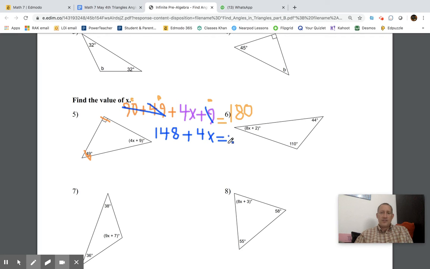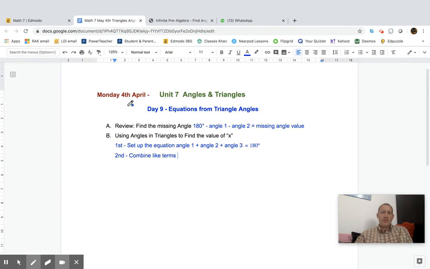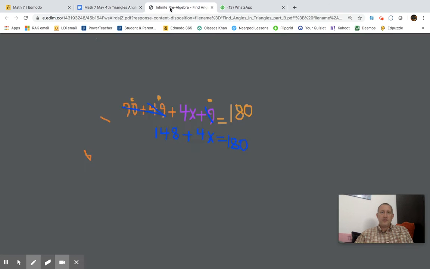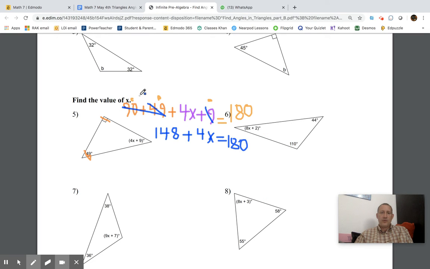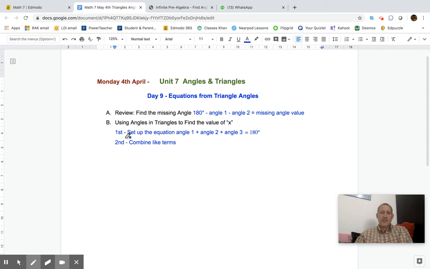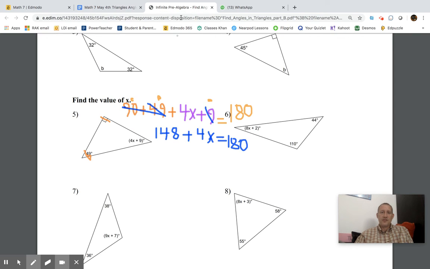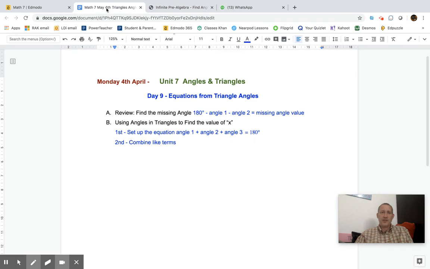Okay, now to solve for x, it's a two-step equation. So the first step, we set up the equation, like we did there. Angle 1 plus angle 2 plus angle 3 equals 180. Then the second step is we combine like terms. We combined all the numbers and left this term, the 4x, alone.